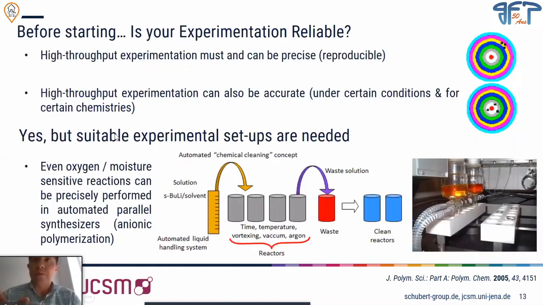Otherwise, you end up with different molar masses or different properties, even though you put in the same chemicals. We came up with a solution where we kill basically all the impurities with the initiator at the beginning. So we rinse the different vessels with initiator to kill all the impurities.